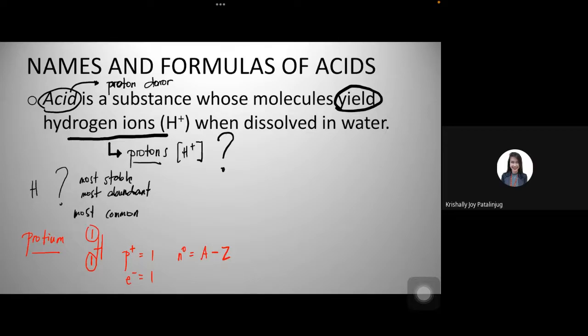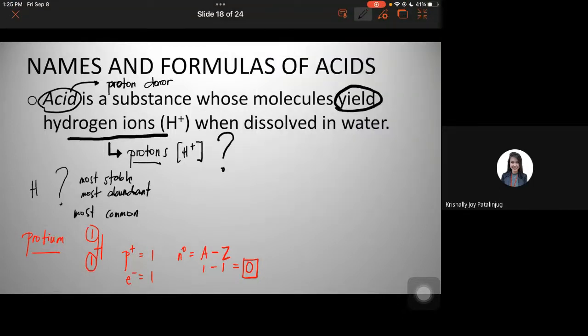So you can just substitute the values: 1 minus 1, atomic mass minus the proton number or the atomic number. That is equivalent to 0.